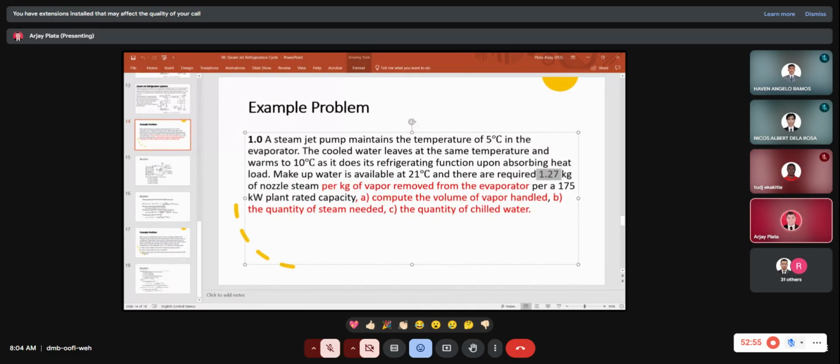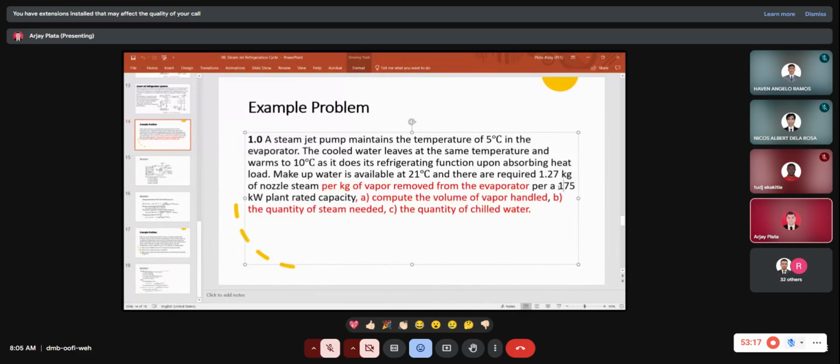Ay, makeup water ba ito? No, 1.27 kilogram of water vapor removed from evaporator. So this 1.27 is our mass flow rate of refrigerant, which is water.